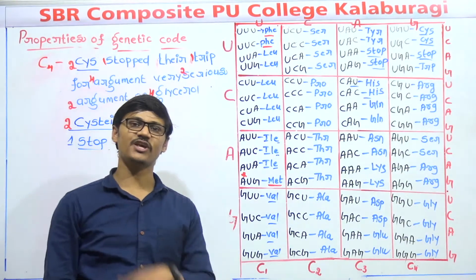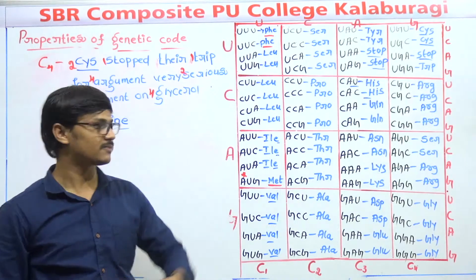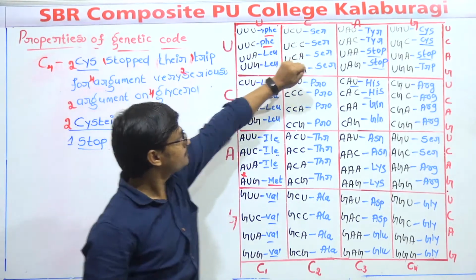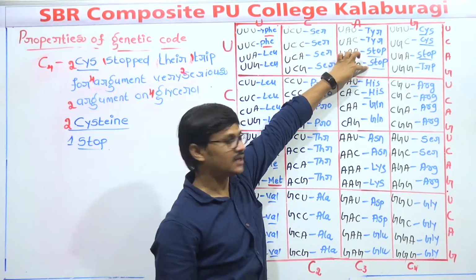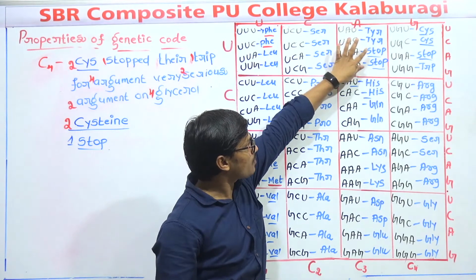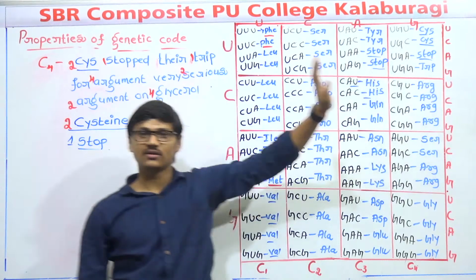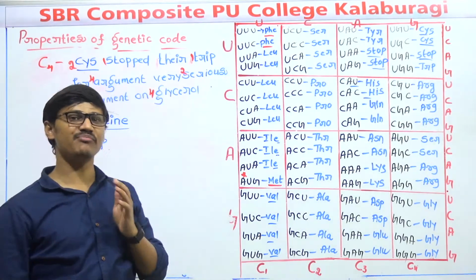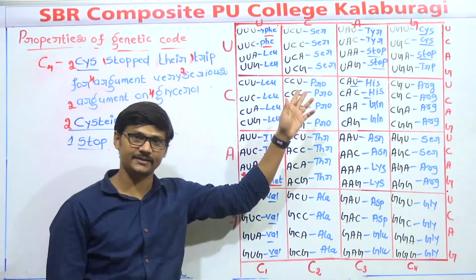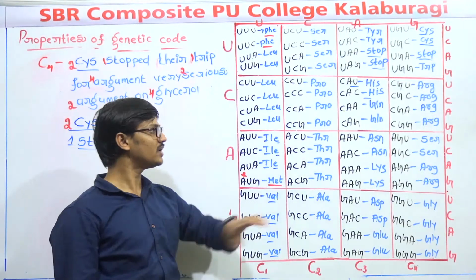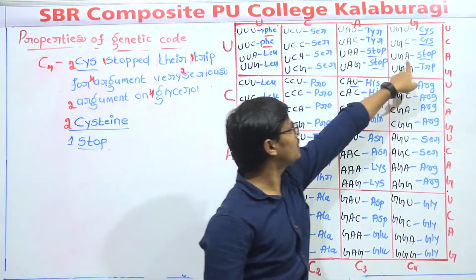And students, we already discussed 2 stop codons here. 1, 2. Now in addition to those, there is one more stop codon. Don't get worried. You will come to know the function and the meaning of calling them stop codons later. But at present, we should know there are 3 stop codons.